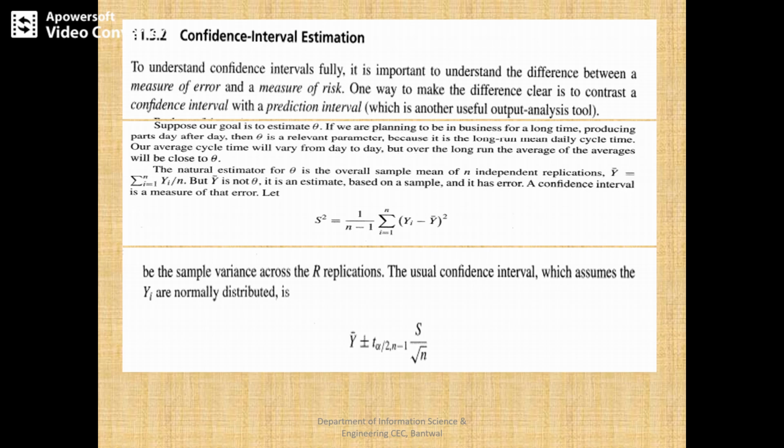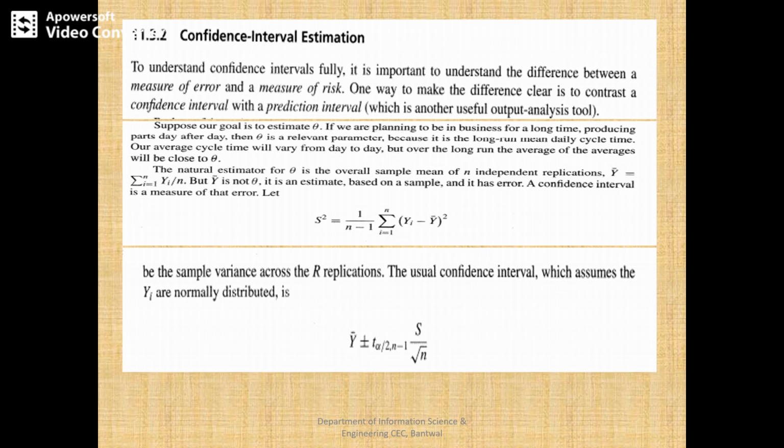Now consider the normal theory prediction interval, given by Y bar plus or minus t alpha by 2, n minus 1 times S times the square root of 1 plus 1 by n. The length of this interval will not go to 0 as n increases.